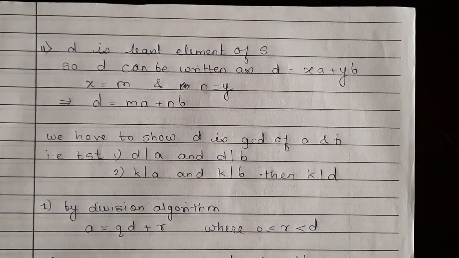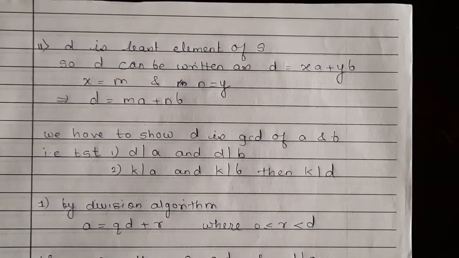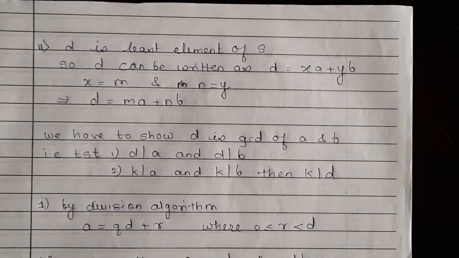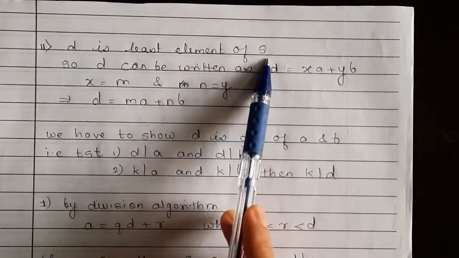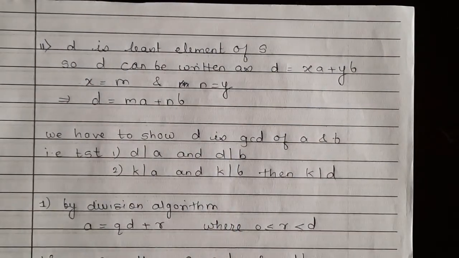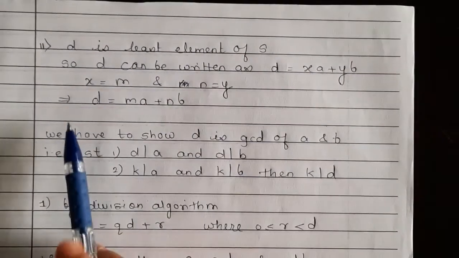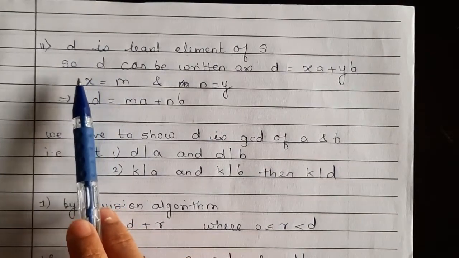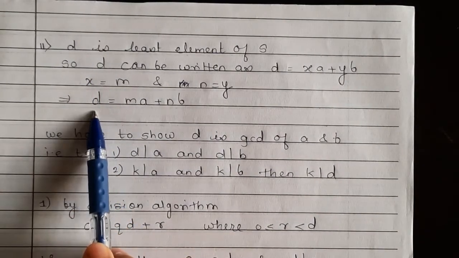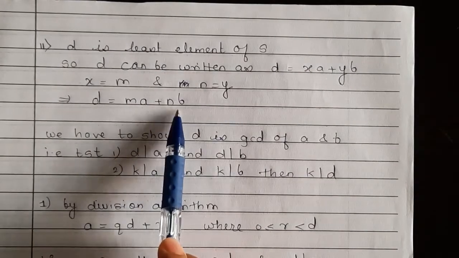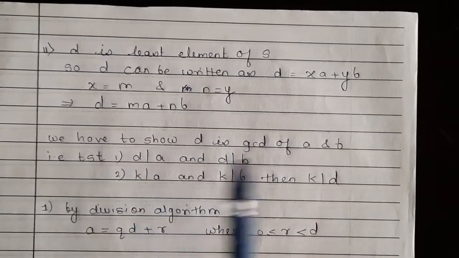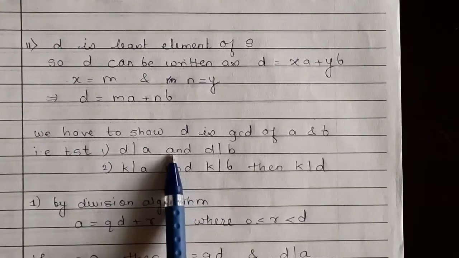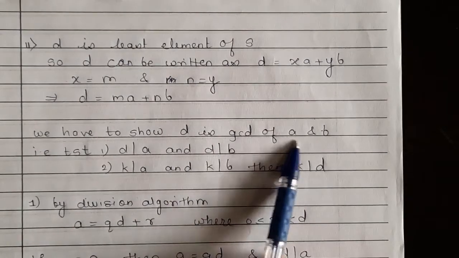Now in the second step we prove d is the GCD of a and b. So here I write d is the least element of S, because in the first step by the well ordering principle we took d as the least element. Therefore by definition we write d is equal to ma plus nb. Okay, so here we have to show d is the GCD of a and b.